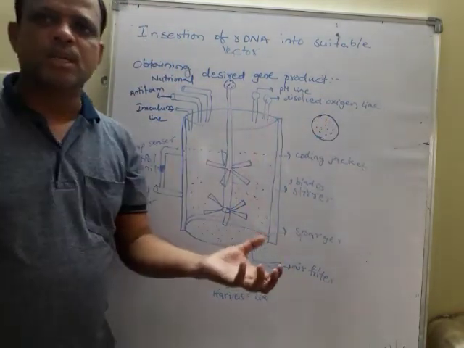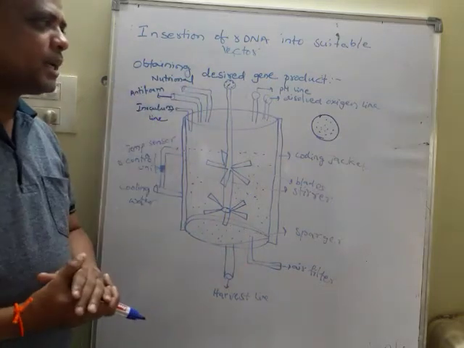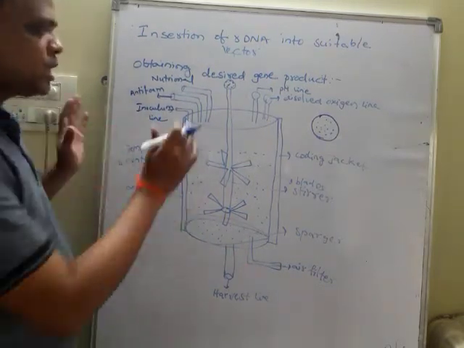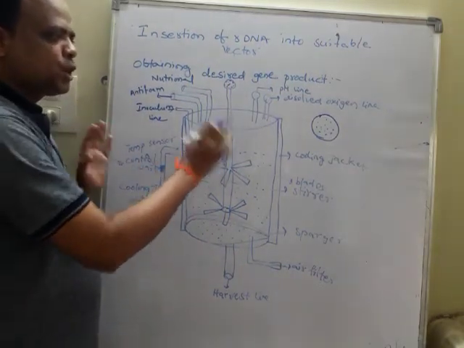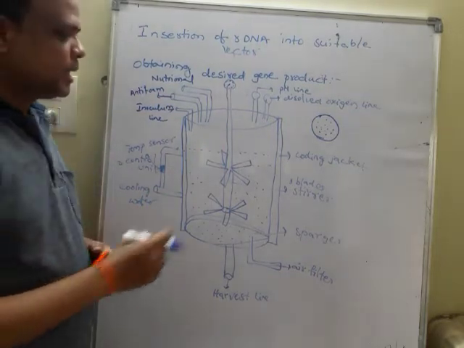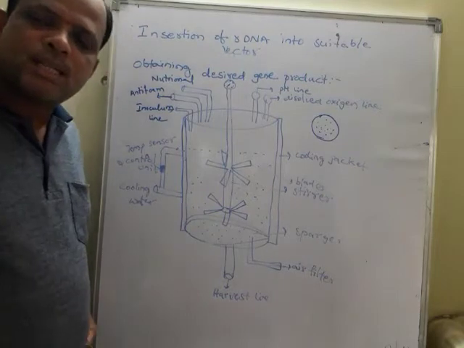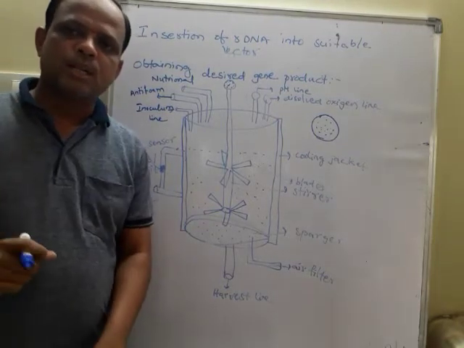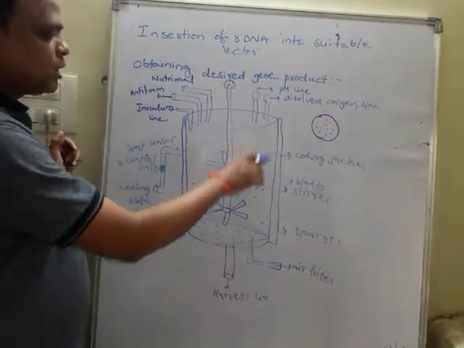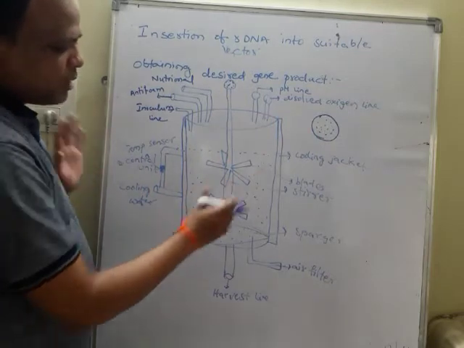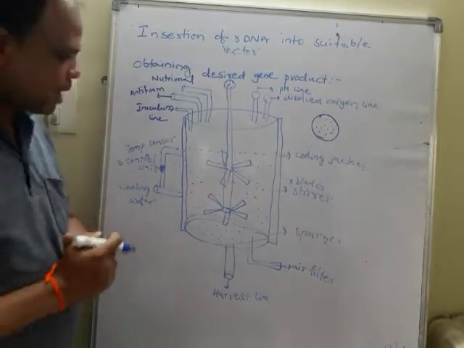host organisms. And for the large scale industry, we prepare thousands of cultures using bioreactors. To this culture medium we add a specific protein, the recombinant protein. This is a rough diagram of a bioreactor.